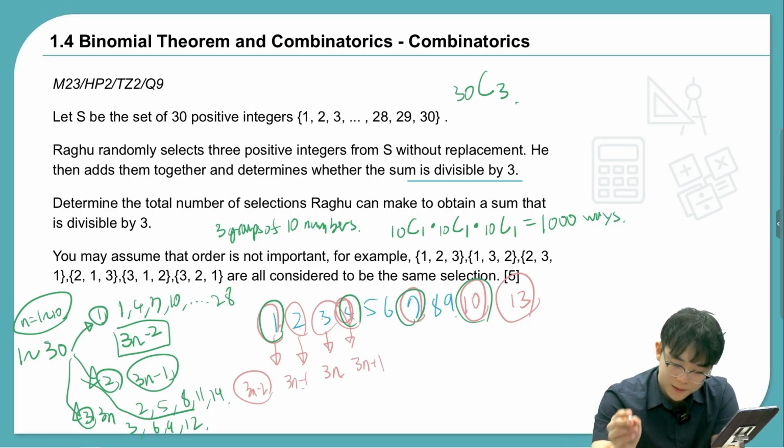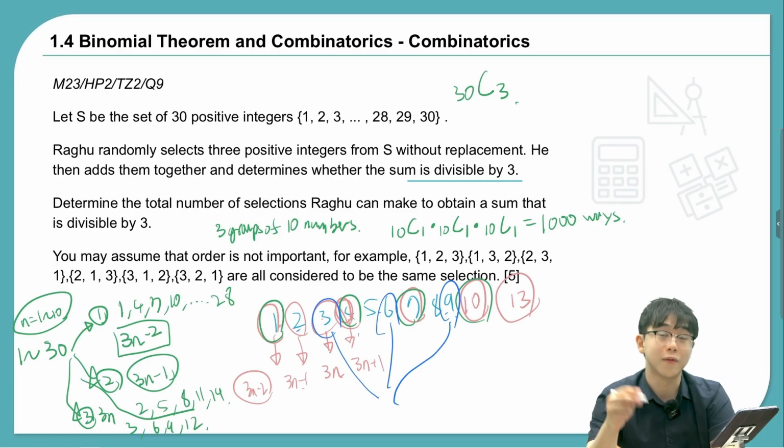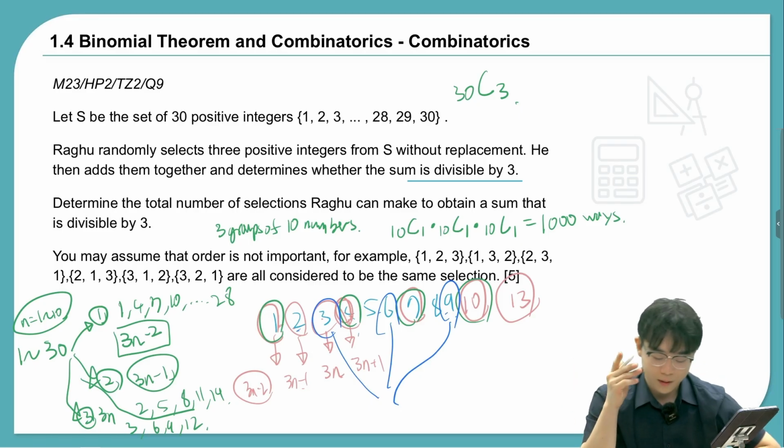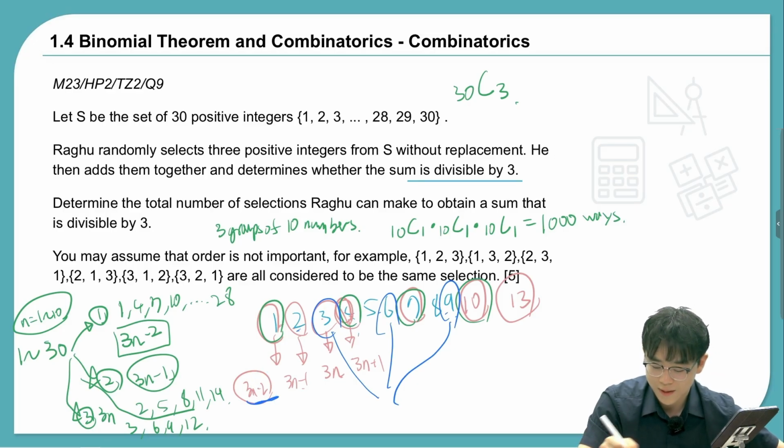Now, it's also possible to choose a batch like 3, 6, 9. If you choose numbers from the set that are 3 apart, or like 2, 5, 8, or 1, 4, 7, we know that's also divisible by 3. Because if we add 3n minus 2 and another 3n minus 2, the minus 2 is multiplied by 3, so it kind of cancels out.